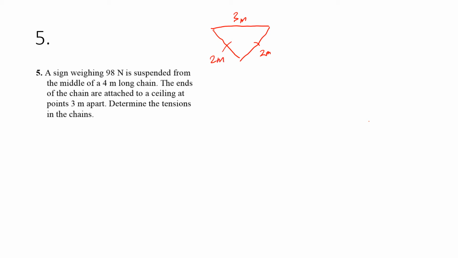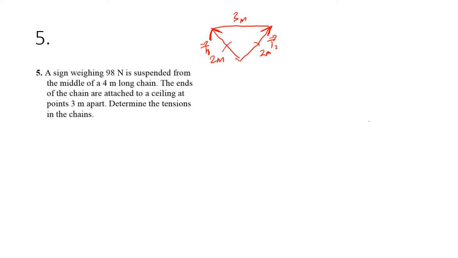We can call these the tension vectors, T2 and T1. The lengths here will help us solve for the angles. Once we solve for the angles, we can redraw the tension vectors to find the opposite vector and solve for the tensions of the chains.